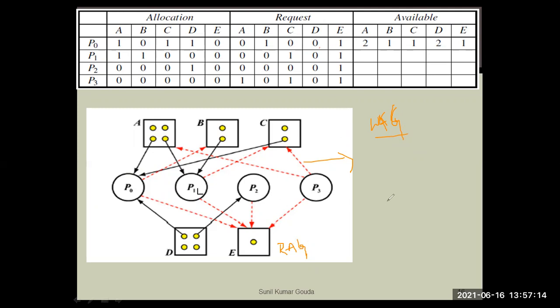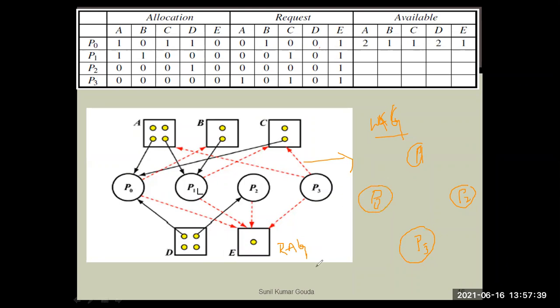Now what are the processes involved? Now if you write P0, P1, now there is P2, and there is P3. Okay, these are the four processes.